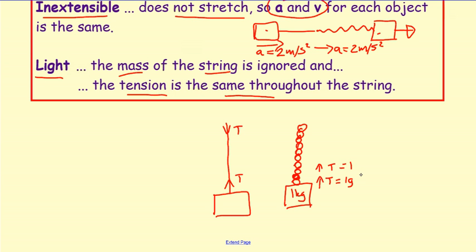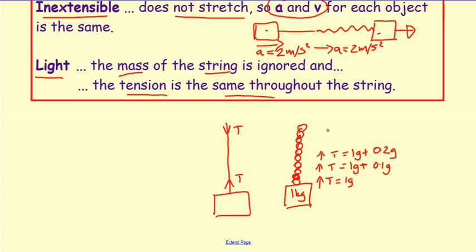So it will be 1G plus whatever the weight of the next link is, say 0.1 times G. And then the next one would be the weight of the box plus the weight of the 2 links below it, and so on and so forth. So you get different tensions going up the chain.